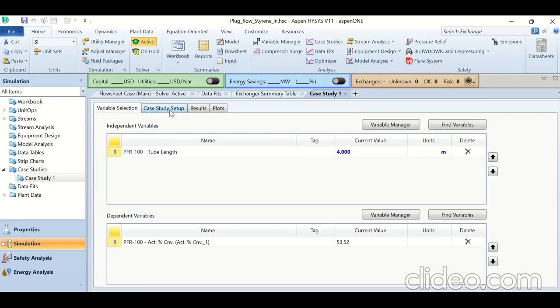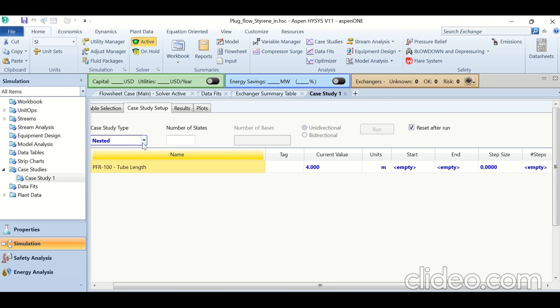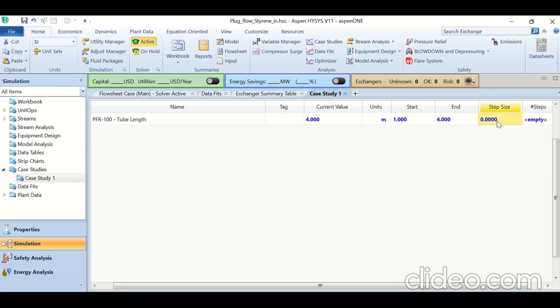Okay, now we are actually studying the effect of length. We are actually studying the conversion along the tube length. So go to the case study and select sensitivity. Let's start from 1 up to 4 meter, and the step size is 0.5.